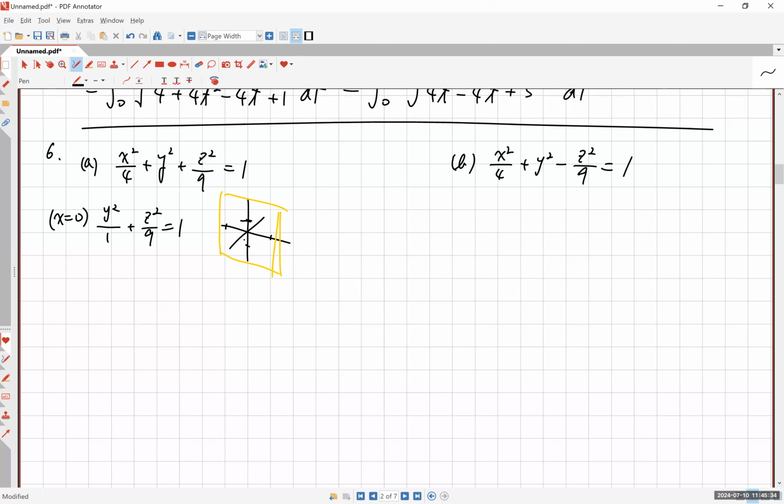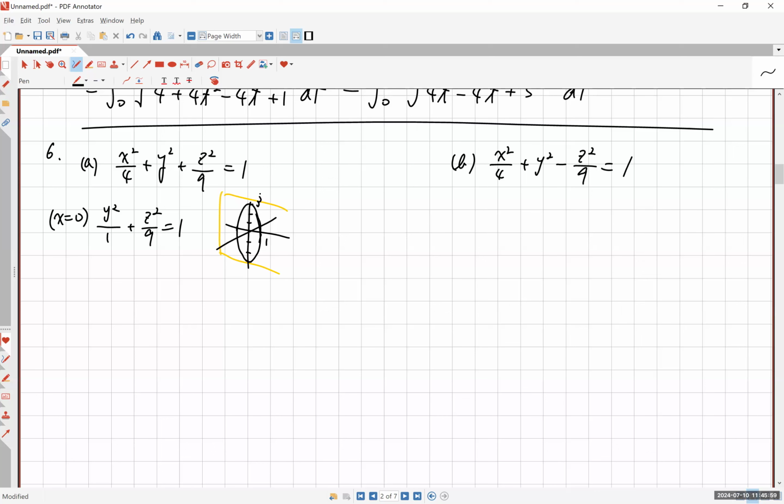So you go positive and negative 3 along the z-axis, and positive and negative 1 along the y-axis.